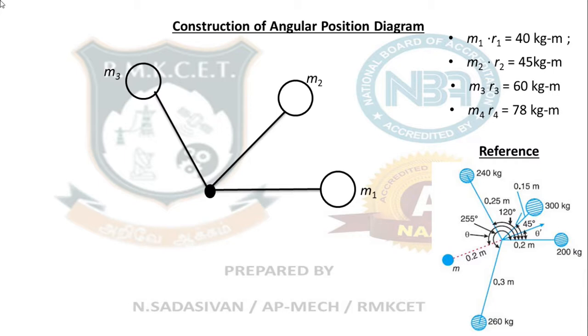The last one, mass 4, 260 kg mass, is at a cumulative angular position of 255 degree. Let us take 255 degree totally from the mass 1 line, the first horizontal line. I have to mark 255 degree, so subtract 180 from that.